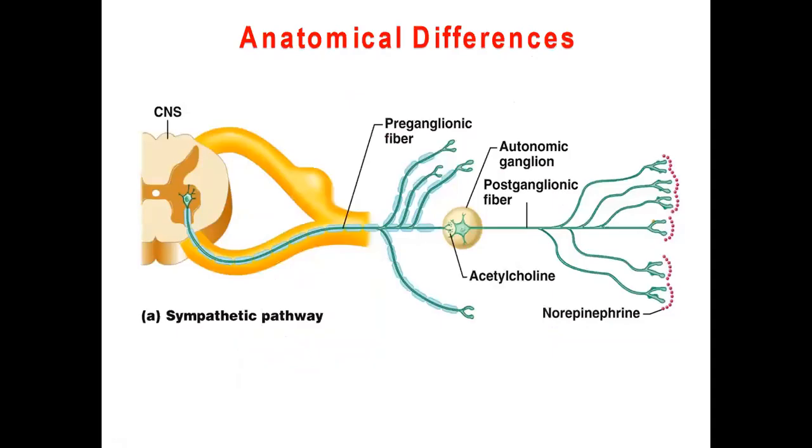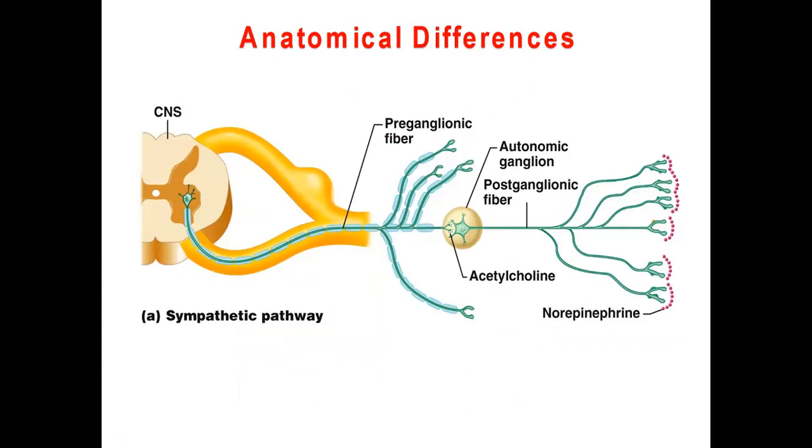Now, what are the anatomical differences in the sympathetic nervous system? If you look at the sympathetic nervous system, you have a preganglionic fiber which arises from the ventral nerve root, and this preganglionic fiber is short. Okay.